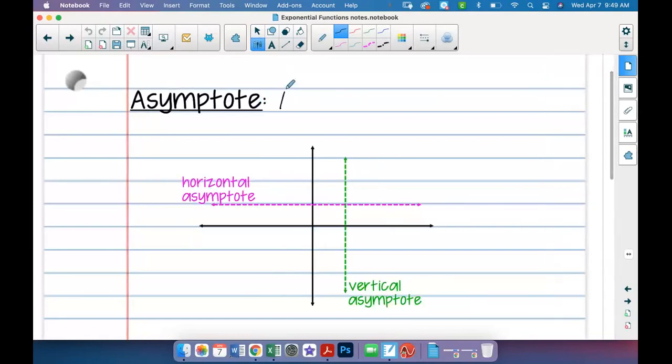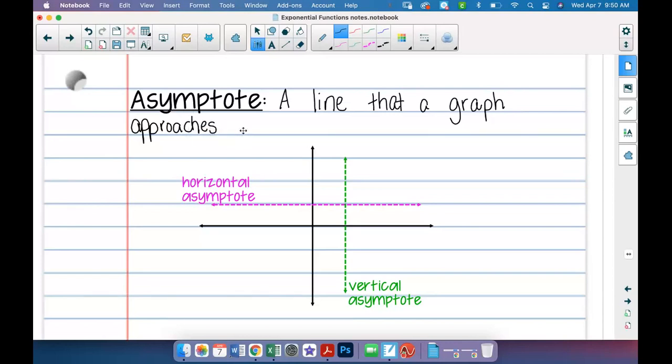Here it is a line that a graph approaches but never touches. And yesterday we said it never crosses.